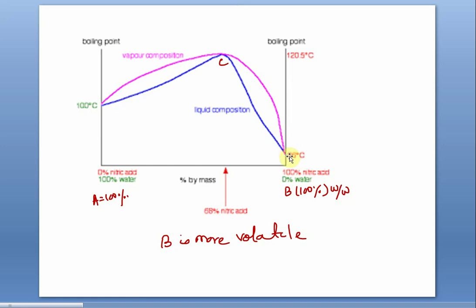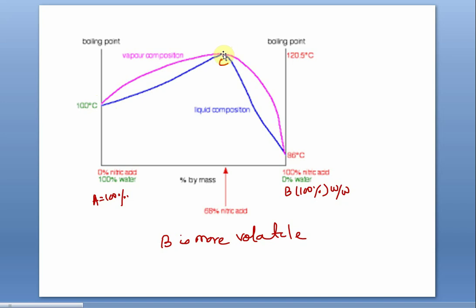This is the boiling point curve, and this is the boiling point of the mixture at different compositions. Now this superimposed pink-colored graph, these are the vapor composition graphs. This is the vapor composition graph to the right side, this is the vapor composition to the left side, and this is a single point where the two curves meet.